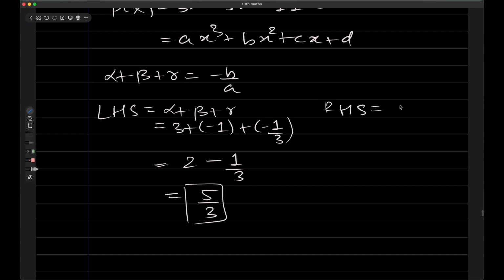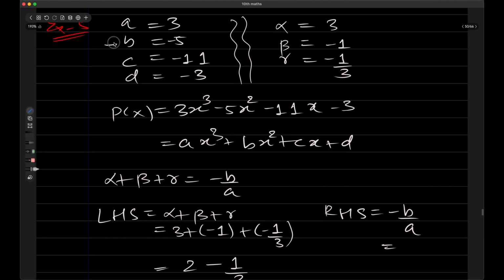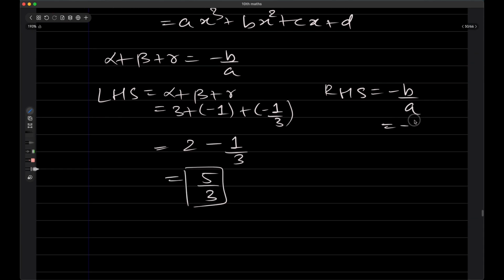Right hand side is minus of b divided by a, b is minus 5 divided by 3, so we have minus of minus 5 divided by 3, minus into minus is plus, 5 divided by 3.